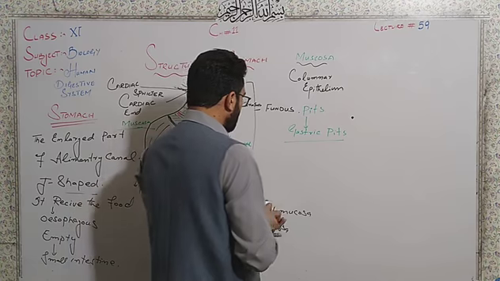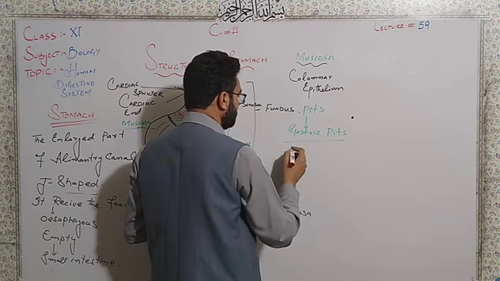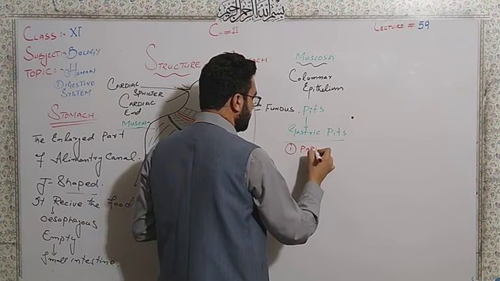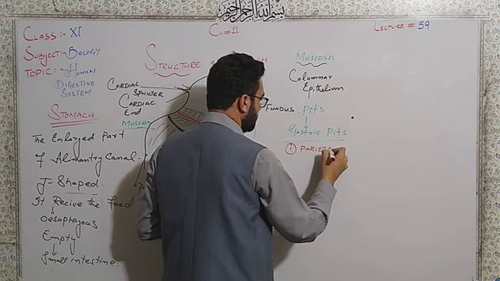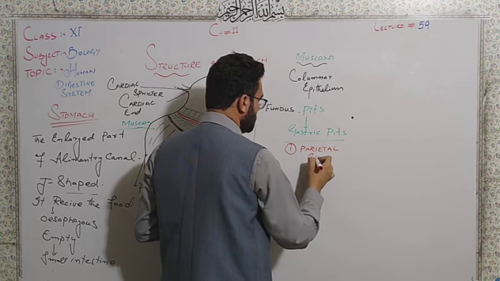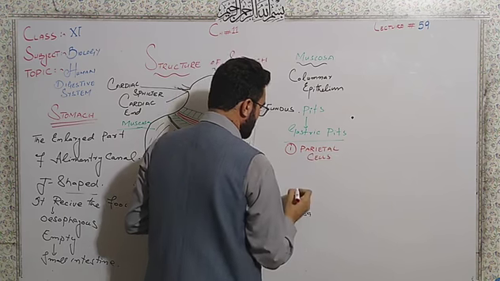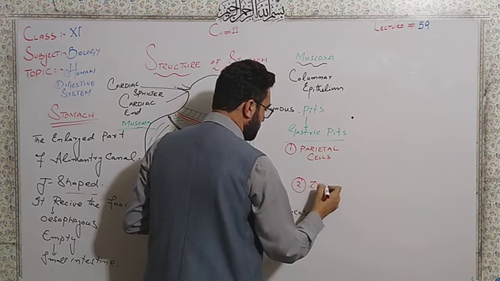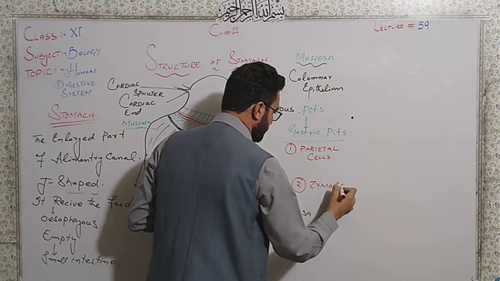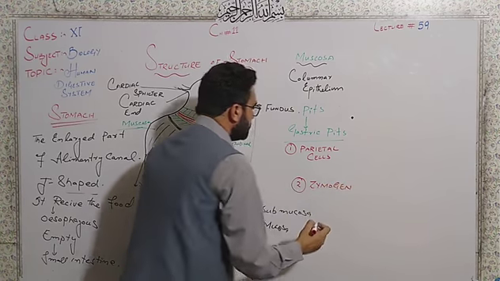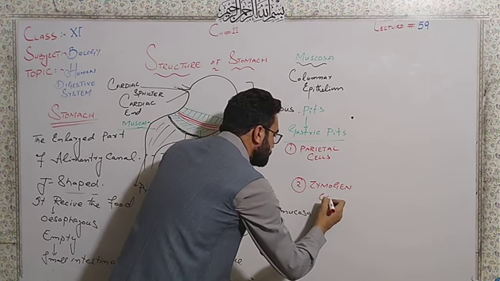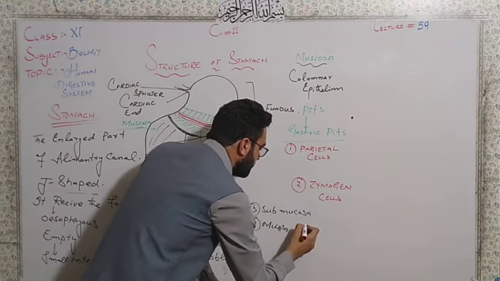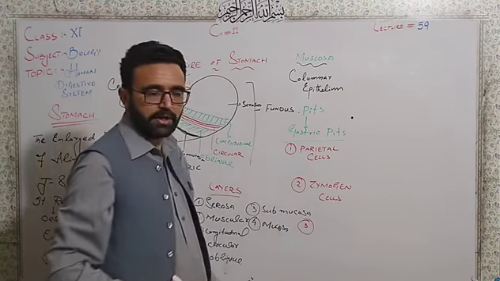First is parietal cells. Second are zymogen cells, or chief cells, and the third are the endocrine cells.